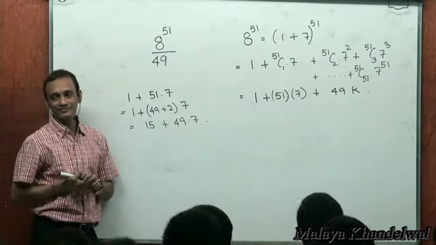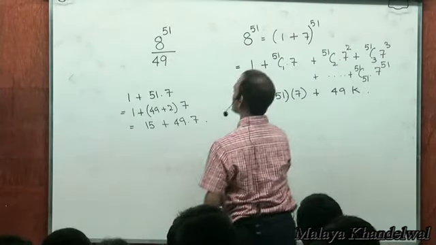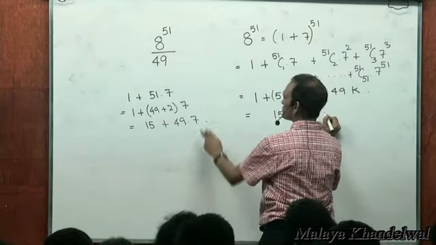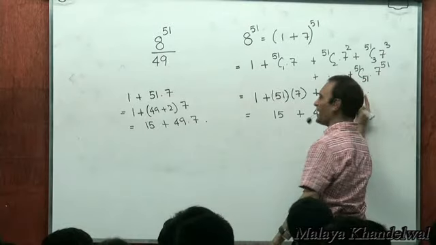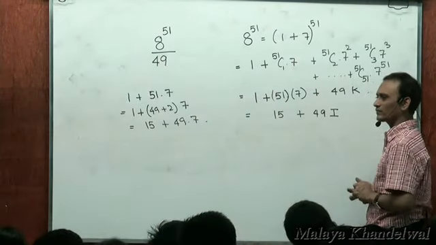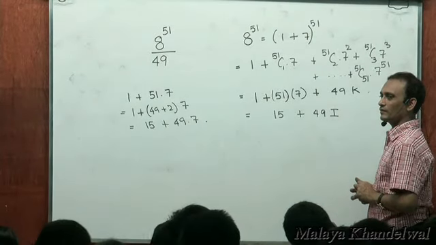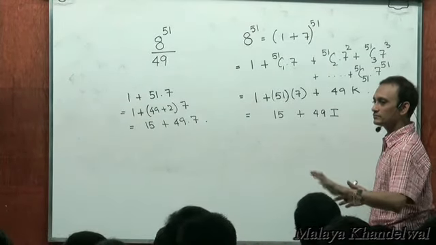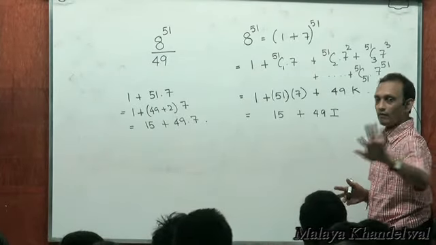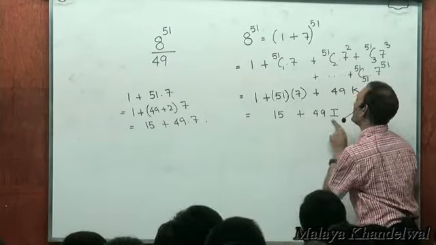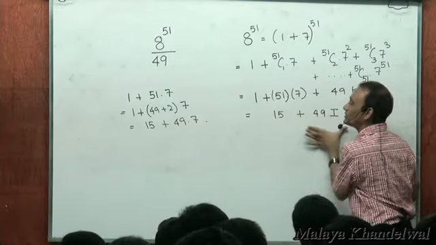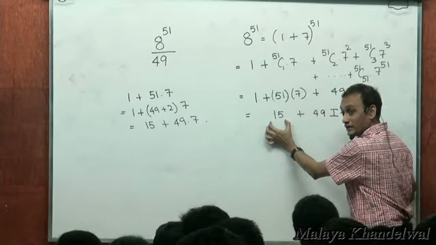So the whole thing is 15 plus 49 into 7 plus 49 into k, which would be some 49 times an integer I. So now when I divide by 49, the remainder is 15. Yes or no?